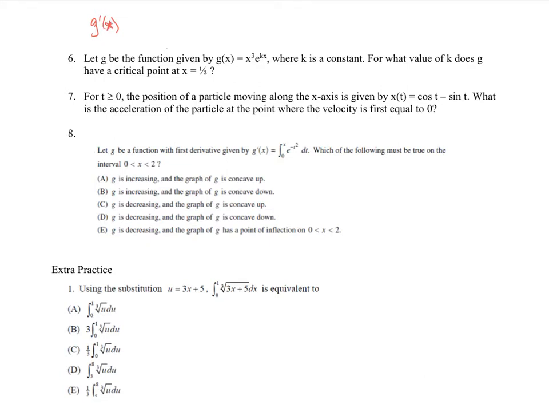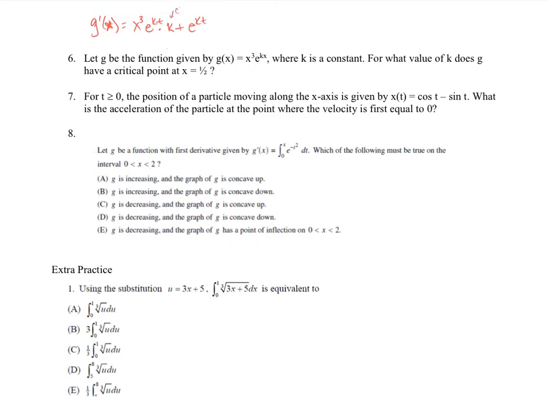It's going to be first times the derivative of the second, plus the second times the derivative of the first. The first is e to the kt times k, plus the second, e to the kt.